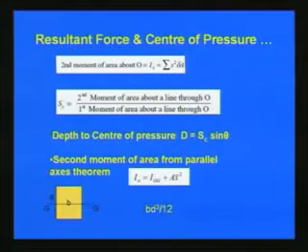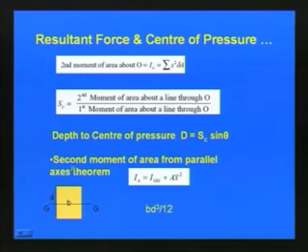And then how do we find the second moment of area about a parallel axis, like the axis in this figure? We can use the parallel axis theorem. With respect to that we can write IO is equal to IGG, about this axis, plus A x bar square. For a rectangular element like this, IGG will be b d cubed by 12.